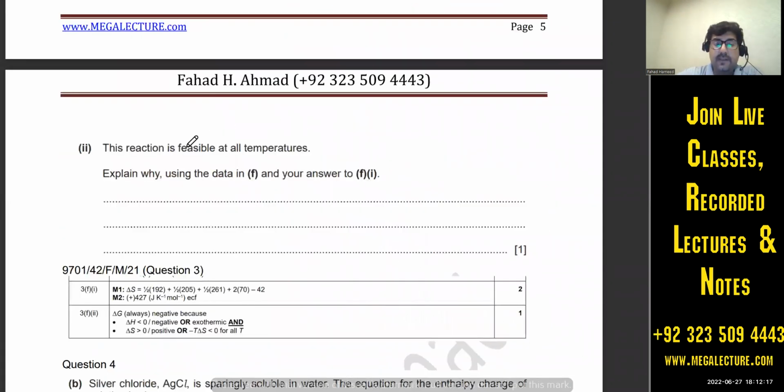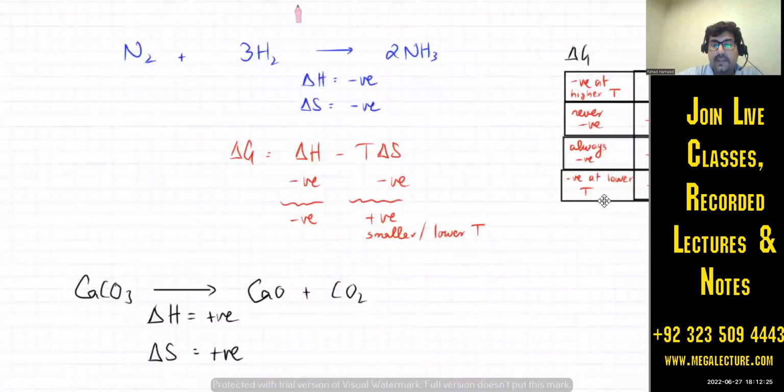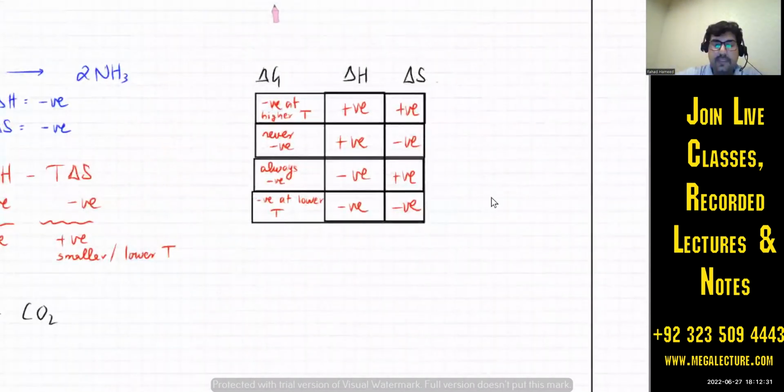And now again, the reaction is feasible at all temperatures. Explain by using the data in your answer to F1. So feasible at all temperatures. Again, we did this in class as well. Some reactions are going to be feasible at all temperatures. So always negative. So you have delta H negative and delta S positive.